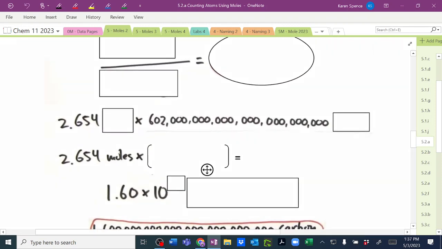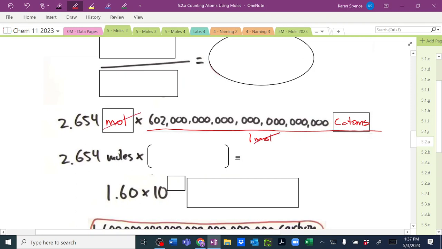Remember, we had 2.654 moles of carbon atoms. And we're going to multiply that by 602 hexillion carbon atoms for every 1 mole. Yeah? So now our moles cancel out.